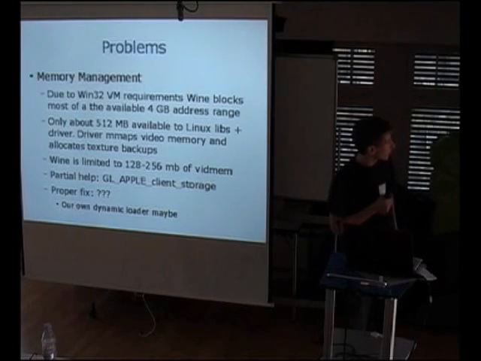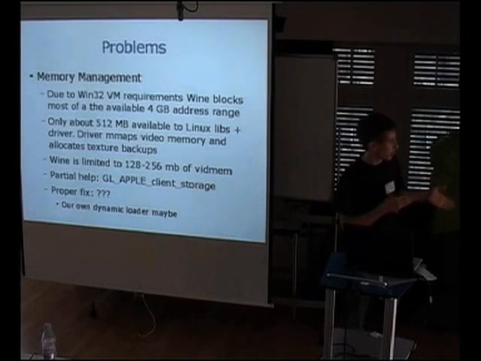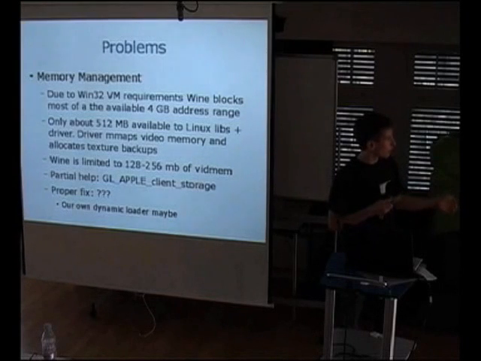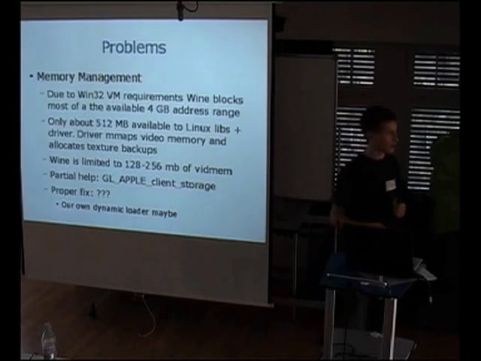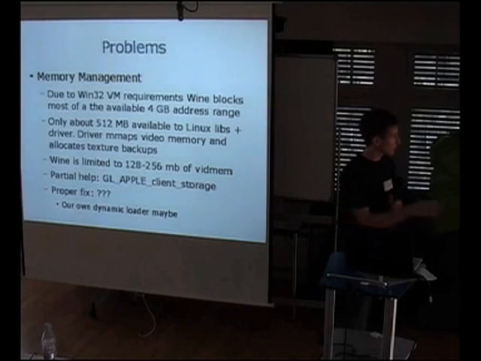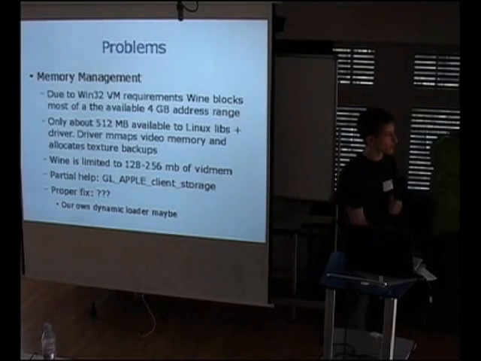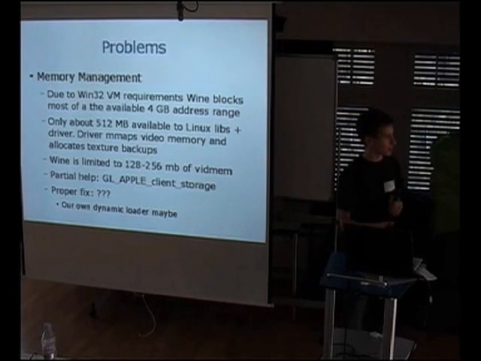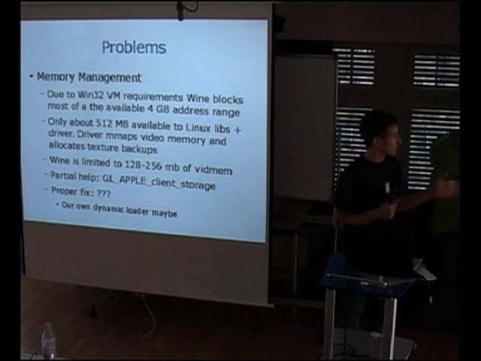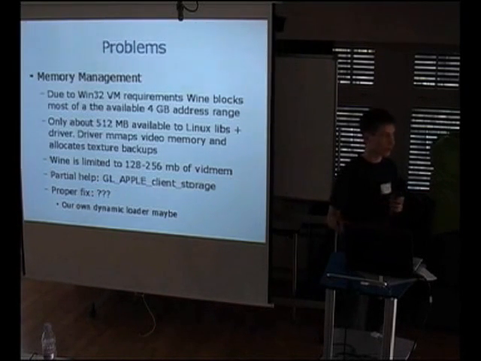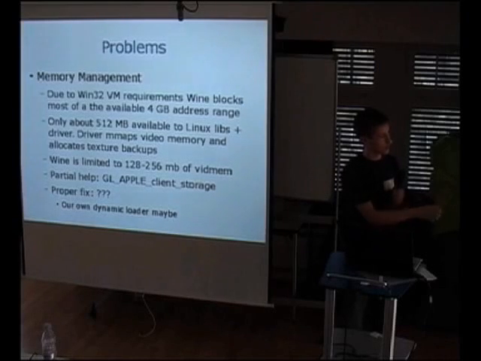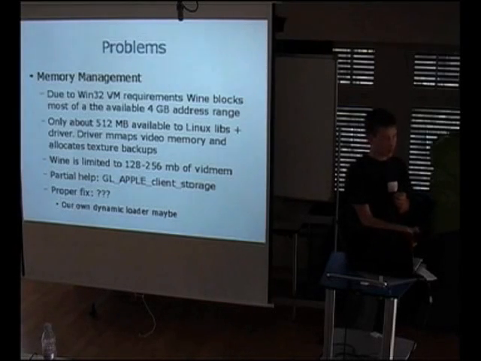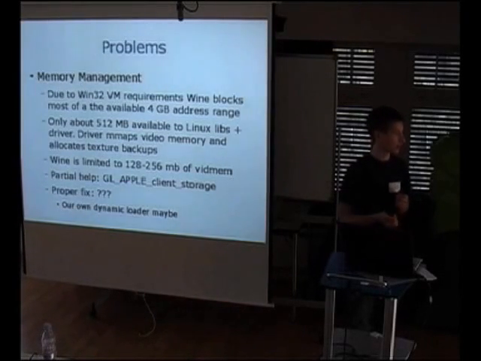Yeah, the problem is that client storage only fixes half of the thing, because usually when you create a texture in OpenGL, the memory is used twice. Once for mapping the video memory and storing it in the graphics card, and once the driver keeps a backup of it in system memory. So if video memory is rather limited, and it has to upload a new texture, it still has the backup, and it doesn't lose the texture data entirely.